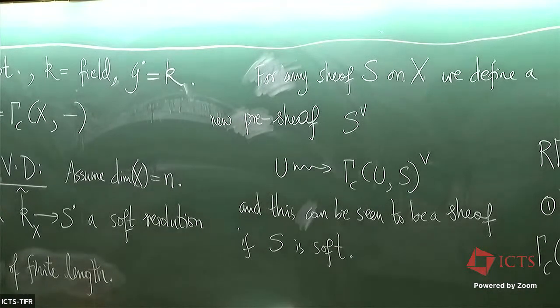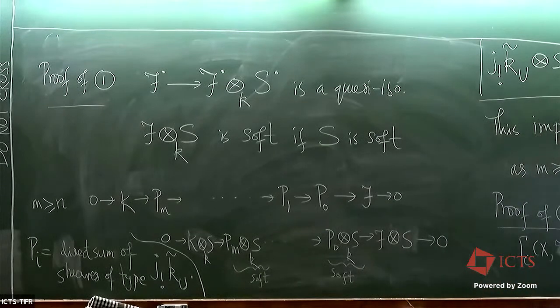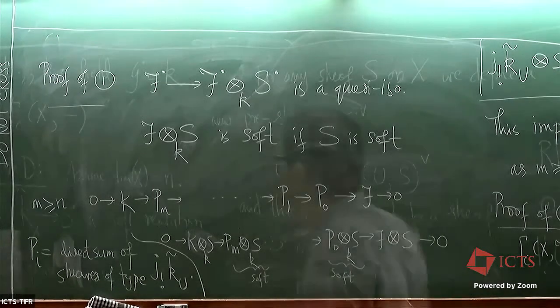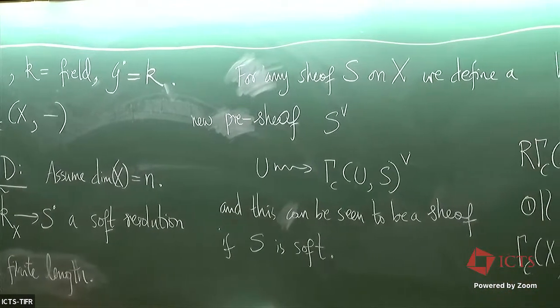All these claims hold. You can show that if S is flat and soft, then this is soft. You can give this isomorphism, and then you can deduce this kind of thing. So you put everything together, you modify the proof accordingly. So if K is a Noetherian ring, you can still give an almost similar proof.